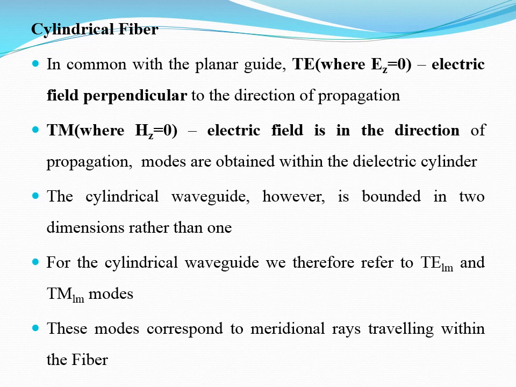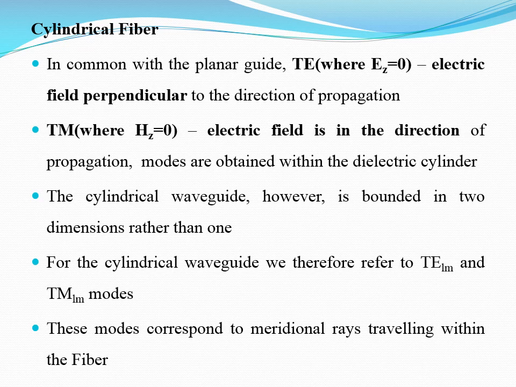If the electric field formed is in the direction of propagation, then Hz is 0, transverse magnetic. These two are obtained within the dielectric cylinder. The cylindrical waveguide is bounded in two dimensions. This we have to know.